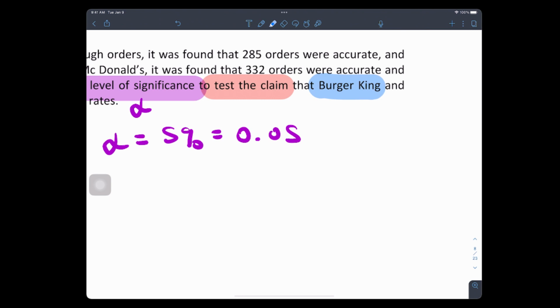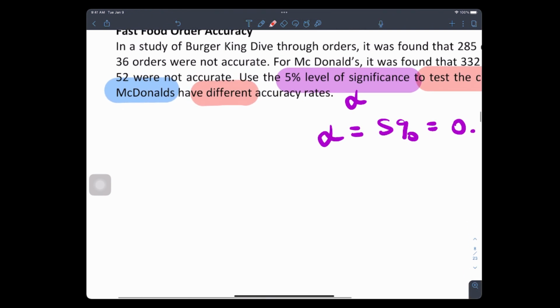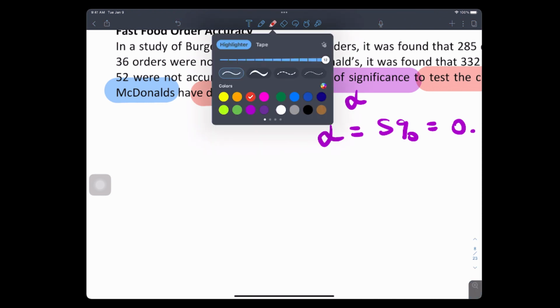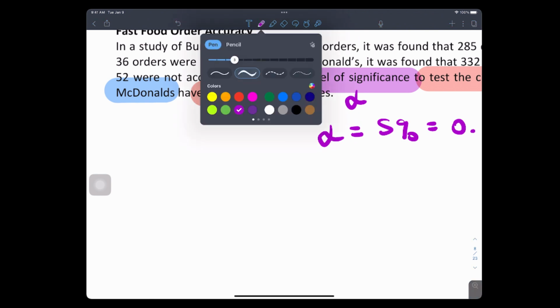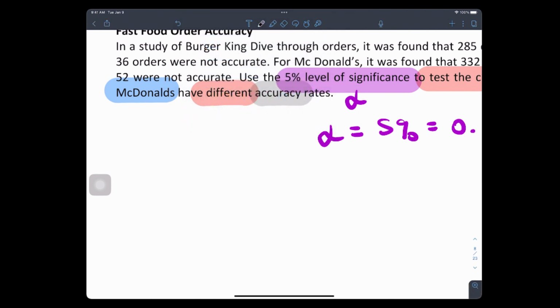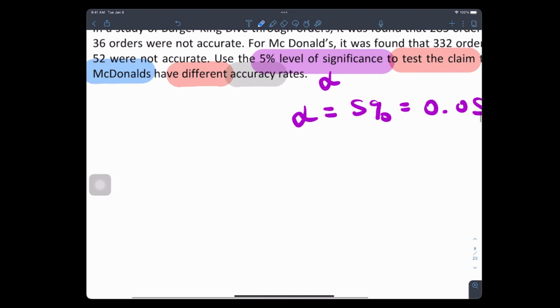That Burger King and McDonald's have different accuracy rates. What does it mean to have different accuracy rates? Yeah, what does different mean? Not the same, not equal.